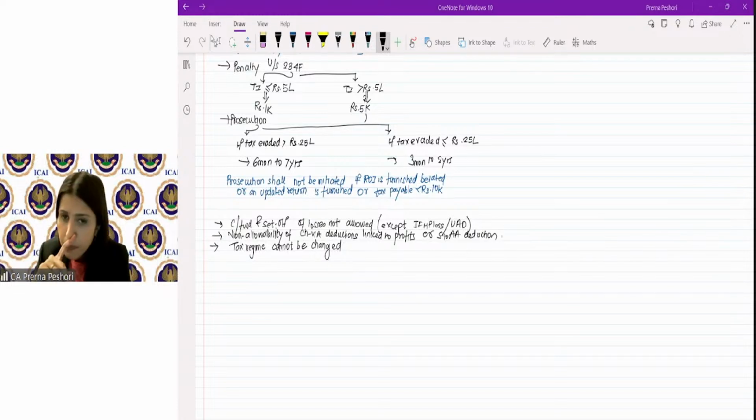Who are they? So the central government has issued a notification exempting the non-residents or the foreign companies having income from the investment fund which is set up in the IFSC. So they are exempted from furnishing the return of income.